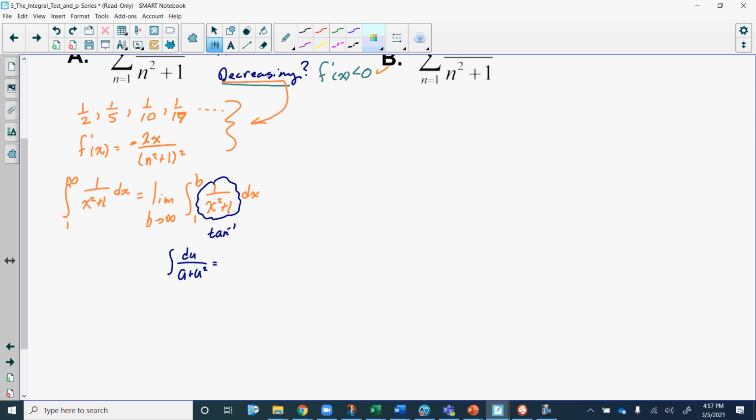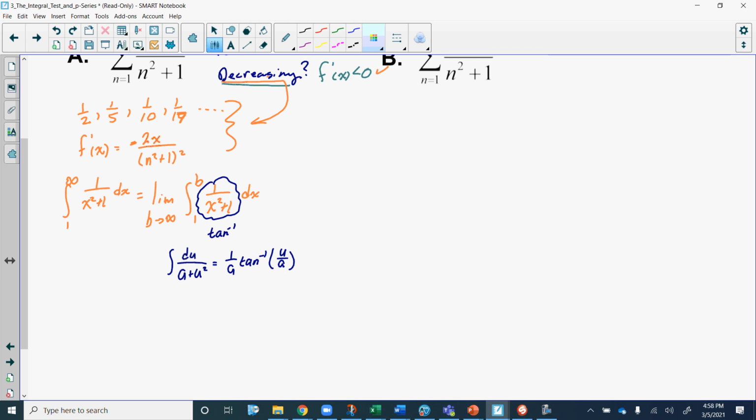Remember, the integration of that would be 1 over a times arctan, or tan inverse, however you want to write it, of u over a. So there's that in case you don't remember it. Now, in this case, the u term is going to be x, and the a term is going to be 1. So if I take the derivative of u, that's going to be my dx.